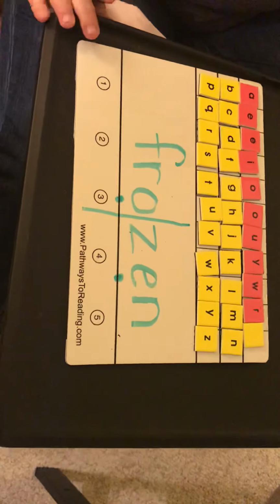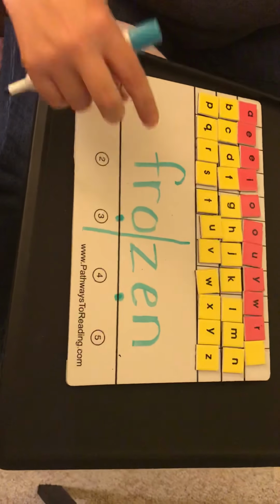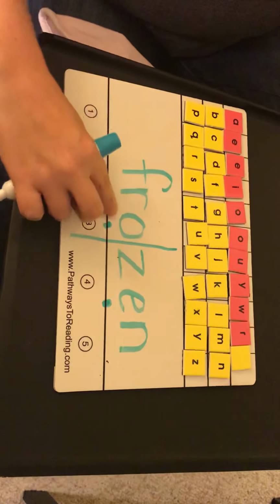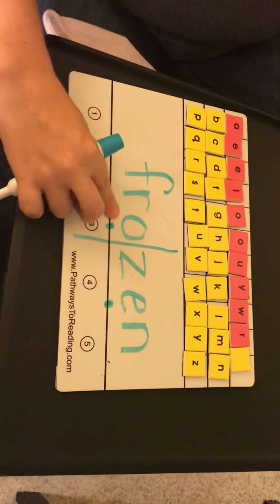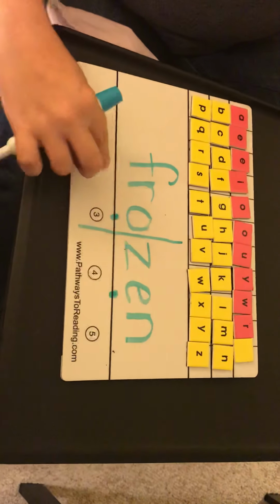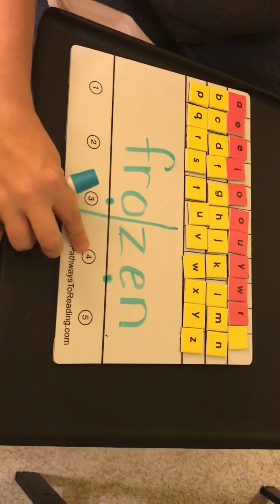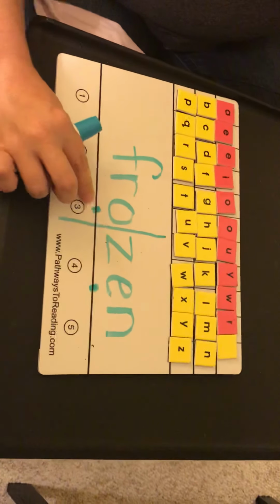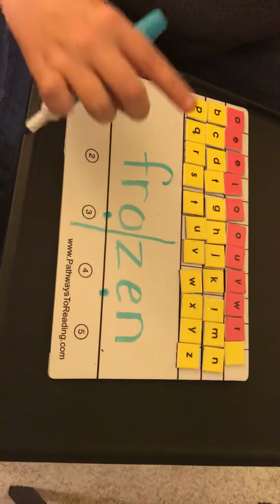Now I'm going to practice reading each syllable. Let's read the first one. Frah. And let's read our second one. Zen. Frozen? Wait, that's not a word I know. Let's try giving my vowel his name hat. Let's make him say his name. So let's sound that out again.